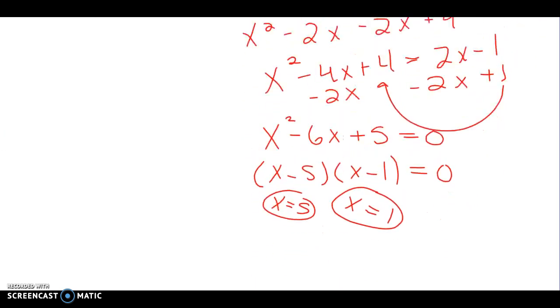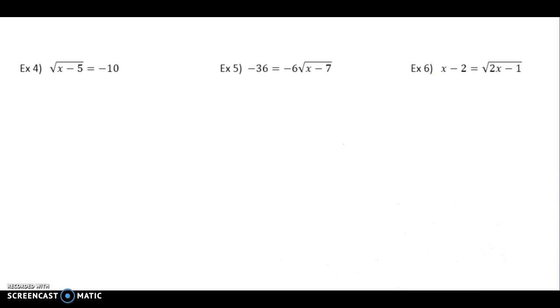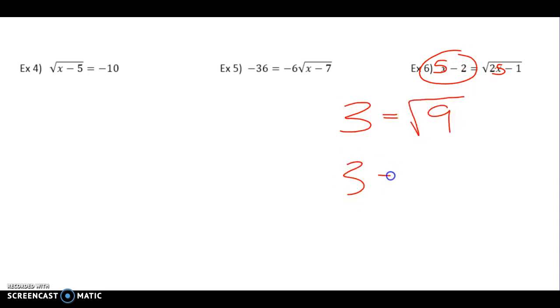So our answers were 5 and 1, right? So let's go back to the original problem and try 5 first. I'm going to plug in 5 for the x's. What does the left side come out to? 3 equals 2 times 5 is 10 minus 1 is the square root of 9. What's the square root of 9? 3. So 5 works.